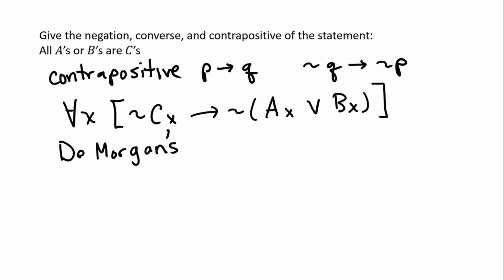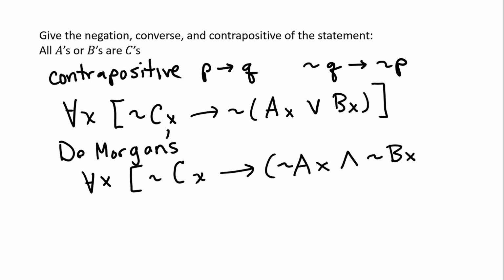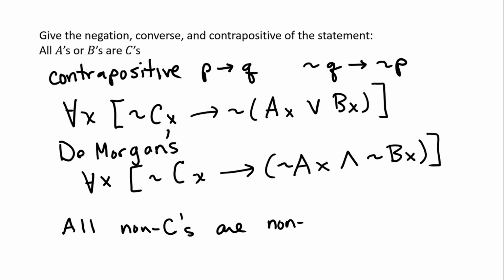And using De Morgan's laws, we would say that for all X, okay, an X that's not an element of C implies that X is not an element of A, and at exactly the same time, X is not an element of B. Again, we need to convert this to an English statement, so I would write this as all non-C's are non-A's and non-B's.